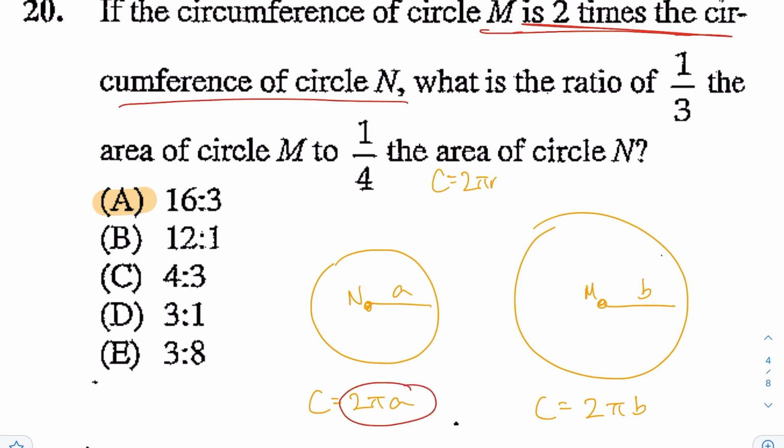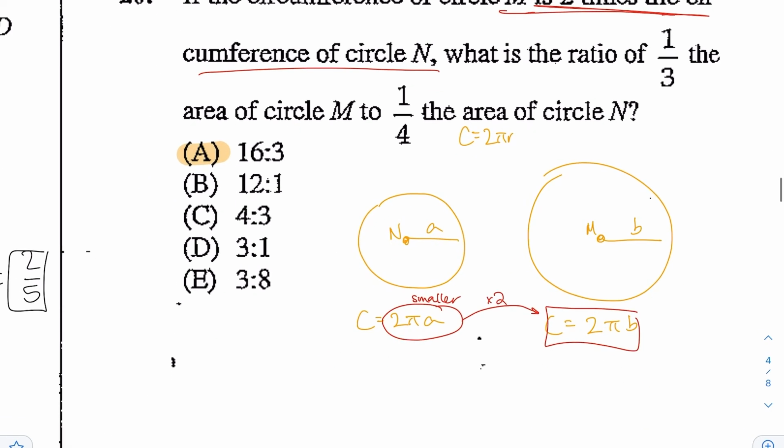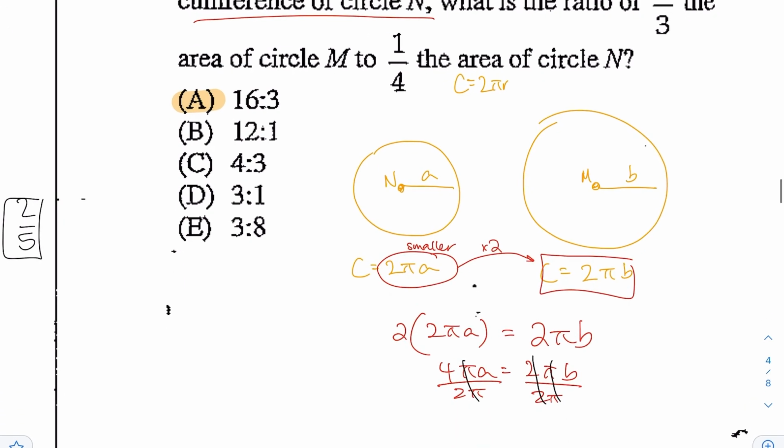So you take the smaller number, you double it, and that's equal to the bigger number. So 2 pi b is equal to 2 times 2 pi a, or 4 pi a is equal to 2 pi b. And divide by 2 pi on both sides. That's going to give you 2a is equal to b.